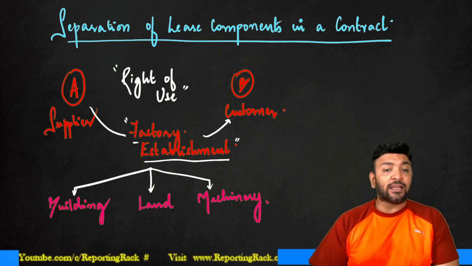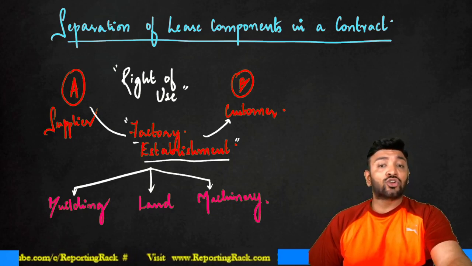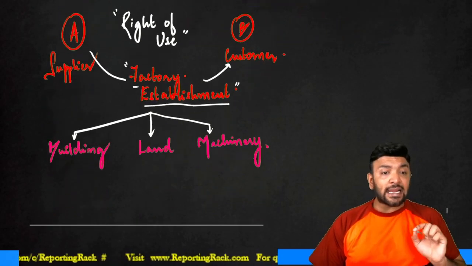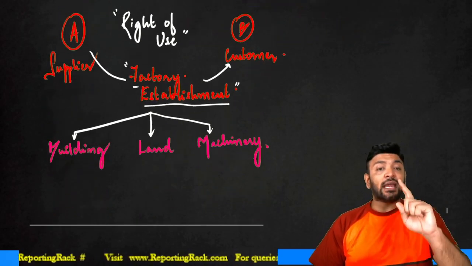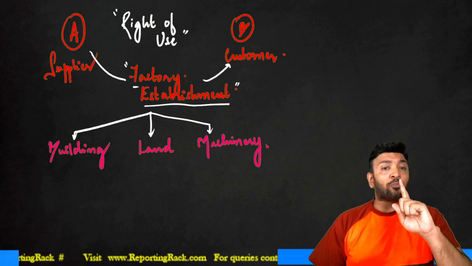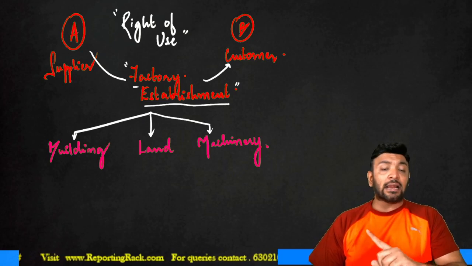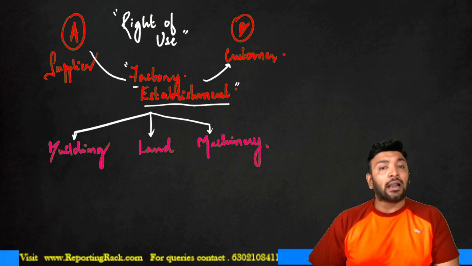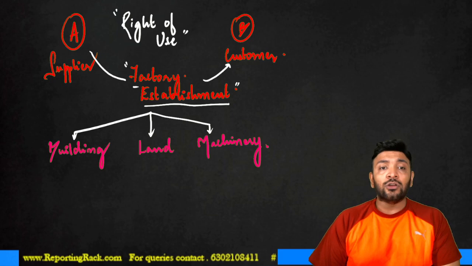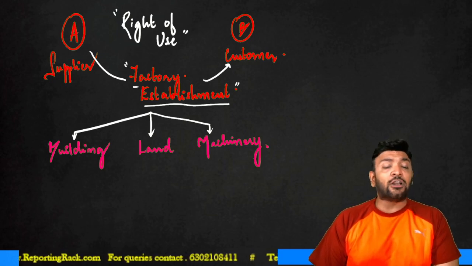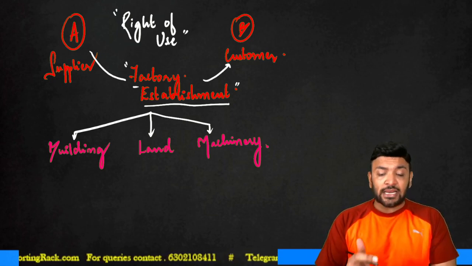Now my concept is, should I recognize these three assets, building, land and machinery, as separate lease components under IND AS 116, or should I combine all three into one single lease contract under IND AS 116? So the contract is conveying a right of use for building, machinery and land.